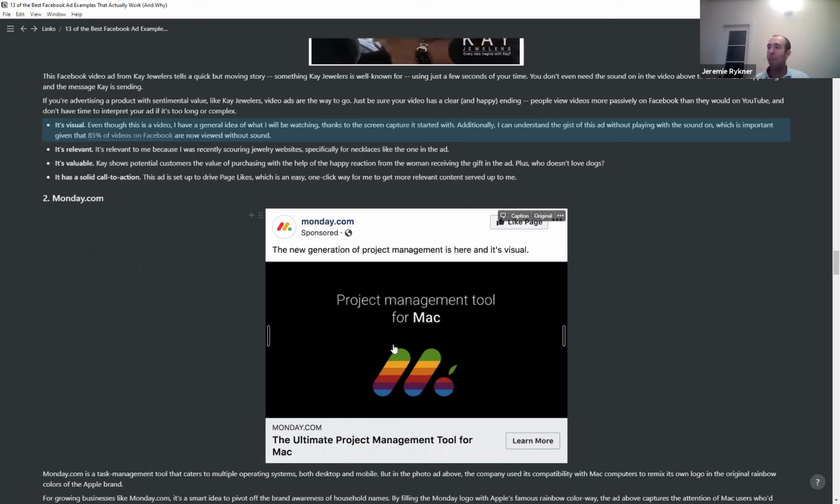They're using the apple by adding a little leaf to the little green dot that they have here, making it an apple. They are turning the colors of the logo into the Apple colors, rainbow colors of Apple, right? So they're using both elements. They're using their own logo, plus also the Apple and Mac logo and image brand.